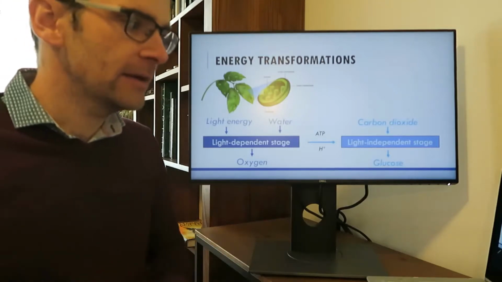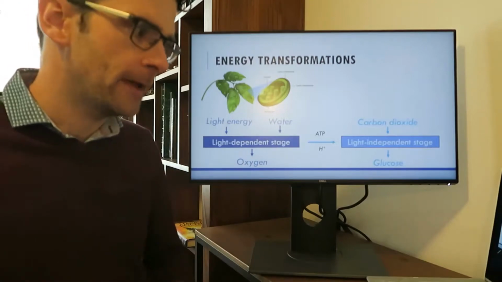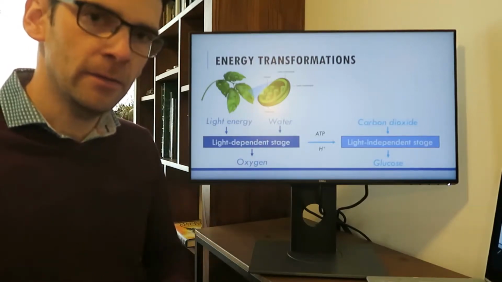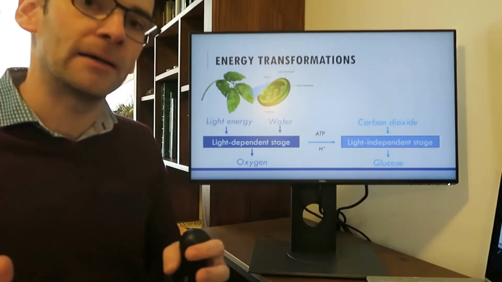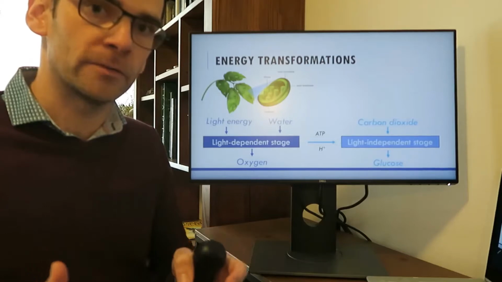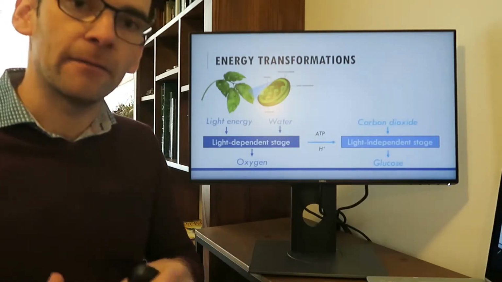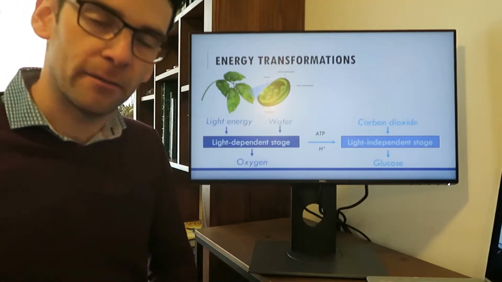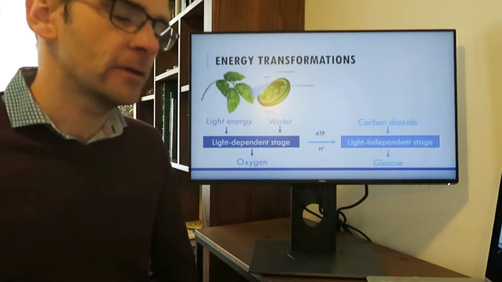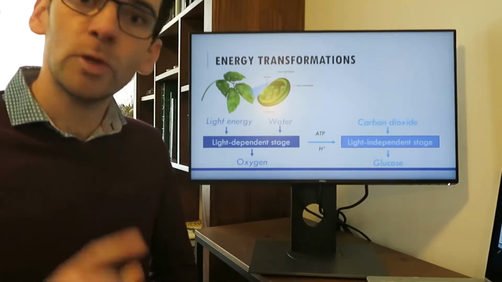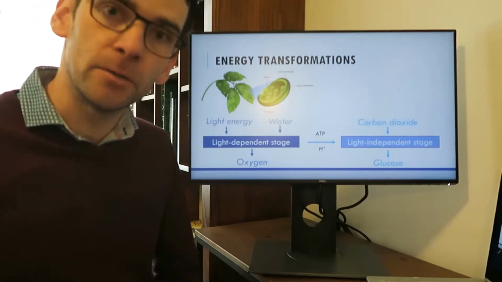The light-dependent stage is a process where the light is initially captured and stored inside the cell, and it's used to break apart the water molecule, H2O, to produce oxygen as the byproduct and free-floating hydrogen ions. Anyone who does chemistry knows that hydrogen ions are quite reactive, so they won't stay like that for long, which is good because the plant wants to use those hydrogen ions to build glucose.